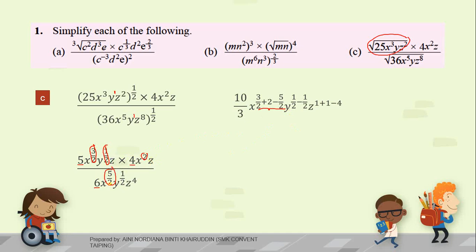Here got no y, minus 1 over 2. z, 1 plus 1 minus 4. And here, since this is y to the power of 0, y to the power of 0 equals 1. So this is the answer.